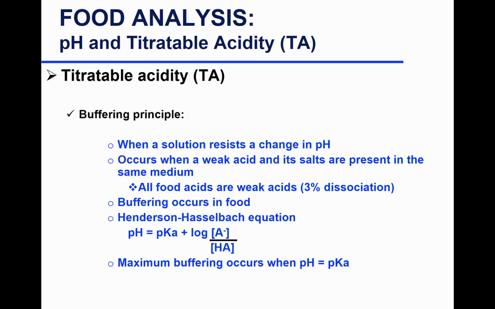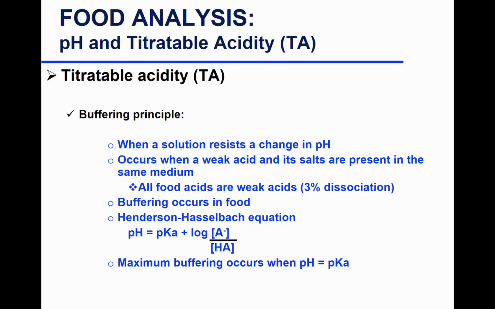That means your conjugate base is the salt, and the weak acid is the non-dissociated form of the acid. So when they're both present, if you titrate with a base, you're going to get some proton release. If you titrate with an acid, some of the protons will be absorbed. So that's why the pH will be maintained.